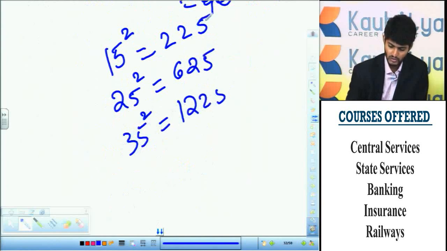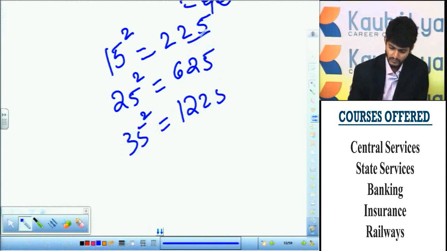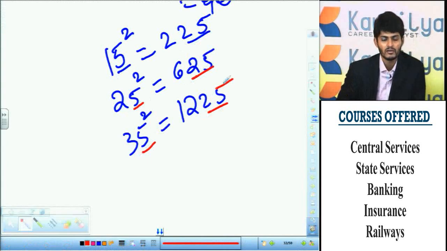Again I have explained these two values. Now you see, any number if you are squaring, if it ends with 5, the square will always end with 25. As you can see, this is 25, this is 5, this is also 5, this is 25, this is also 5, and this is 25. So this 25 is something that is common. If you square a number ending with 5, it will always end up with 25.